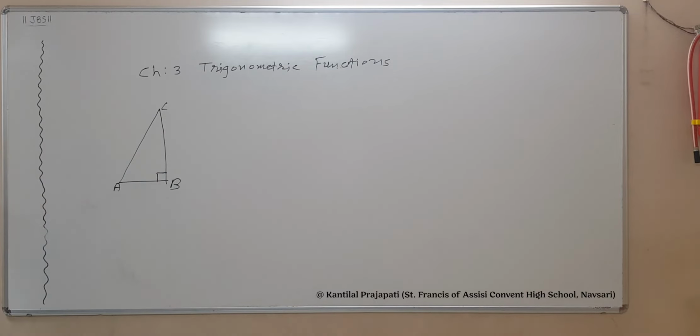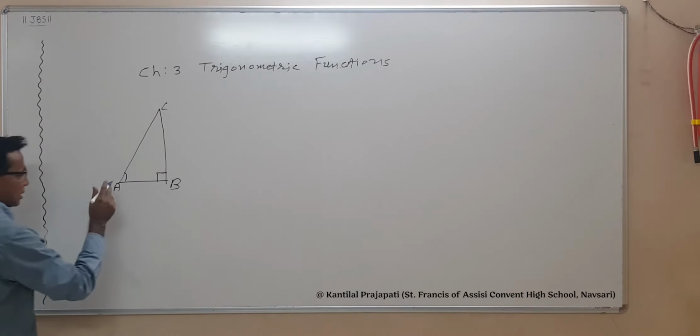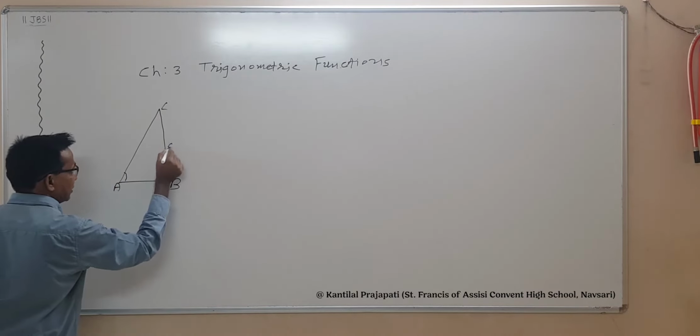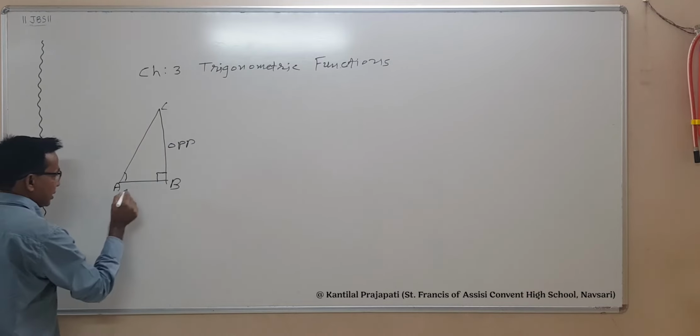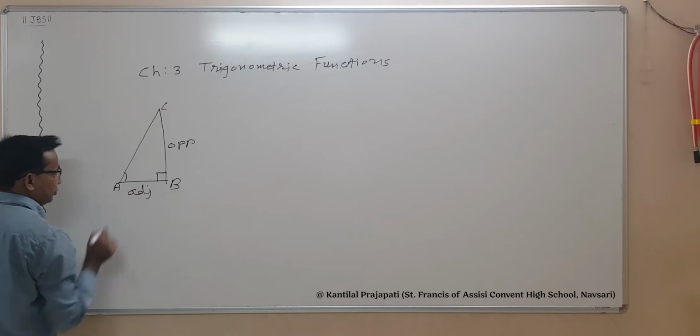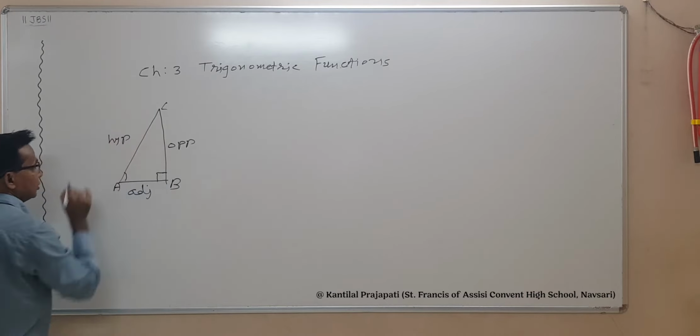See, the opposite side of angle A is BC, the adjacent side of angle A is AB, and side AC is the hypotenuse.